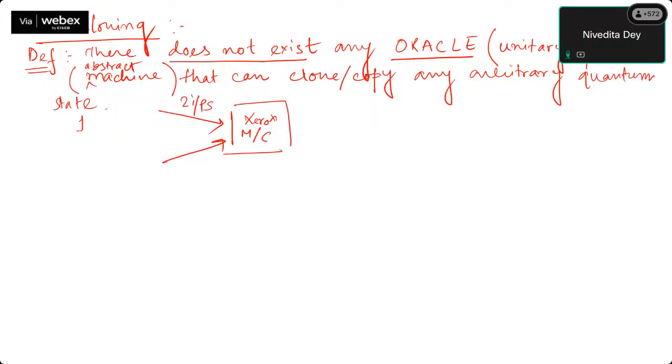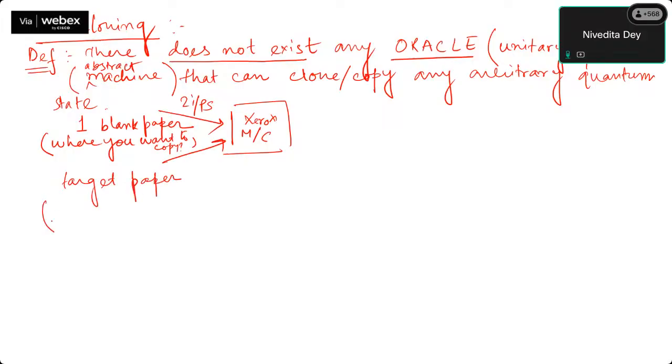One is the blank paper, where you want to copy, and the other is the target paper, what you want to copy. Of course these two things I have to give to my Xerox machine.